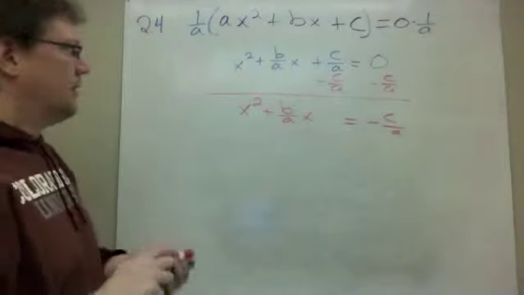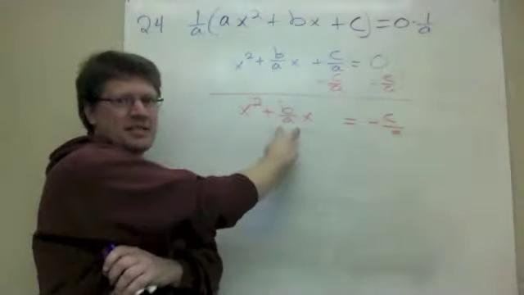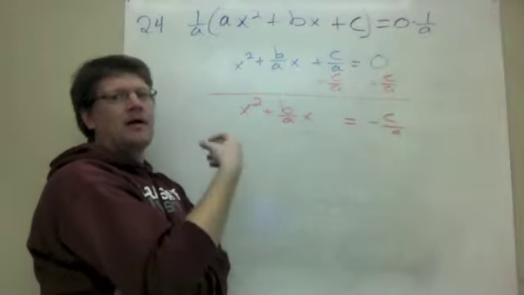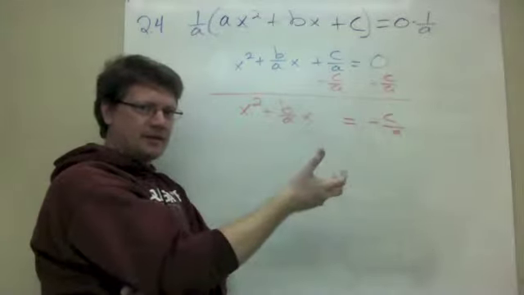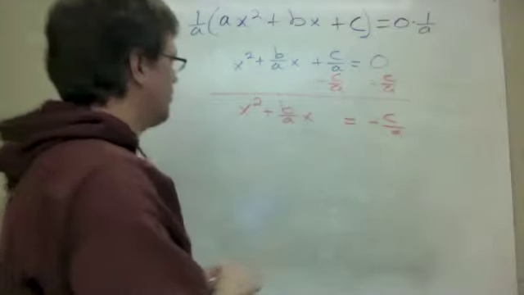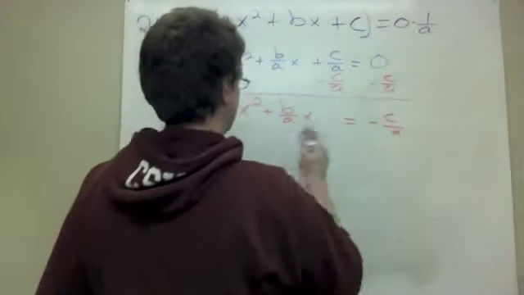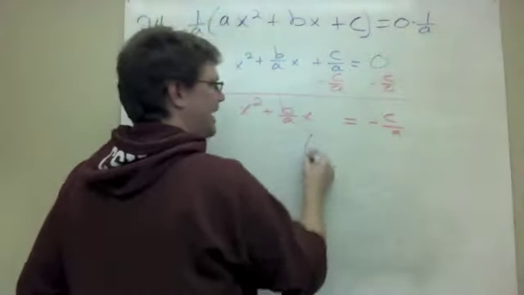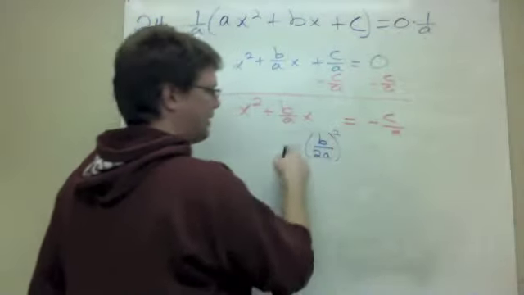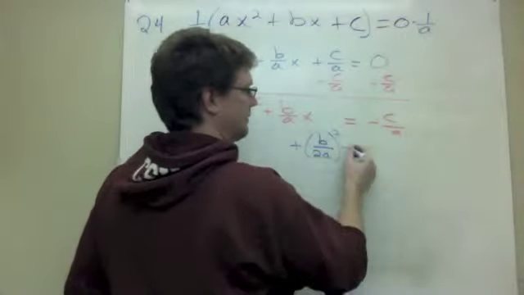Now, completing the square says I take this thing that I have in the middle, I take half of it, I square that, and then I add it and subtract it. So half of b over a, I'm out of room, so that's b over 2a. We square it, we add it, and then we subtract it.